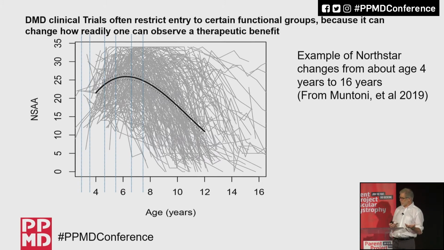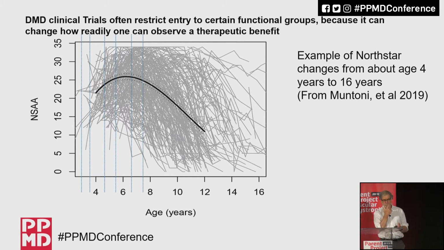And this is what Duchenne looks like in the early years. Clearly it's not a laser pointer. Anyways, I'll point there. The dark line here is the average of North Star data, largely from a UK consortium where they published their North Star data.